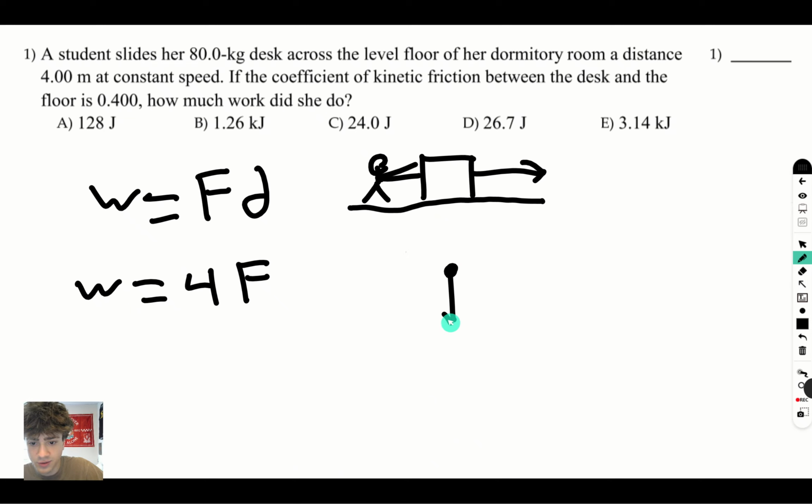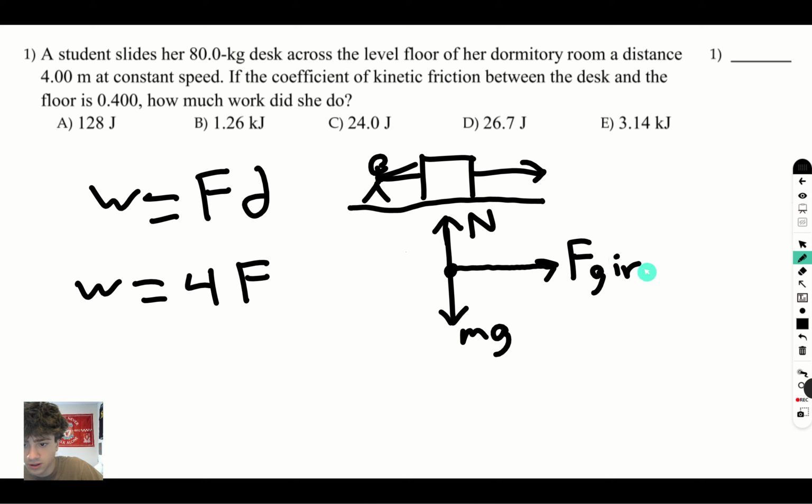We know that we have gravity going this way. Force of gravity is mg. We have the normal force this way, and we have the force that is being applied by the girl. We'll call it F girl. And then we have the frictional force, FF.